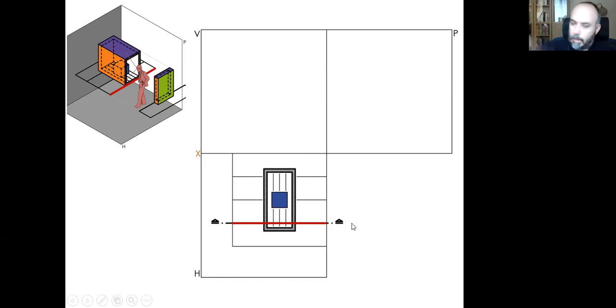It's the intersection, as you can see easily, of the cutting vertical surface and the horizontal square plane here. So I need to transfer this width up to V, the vertical projection plane here.